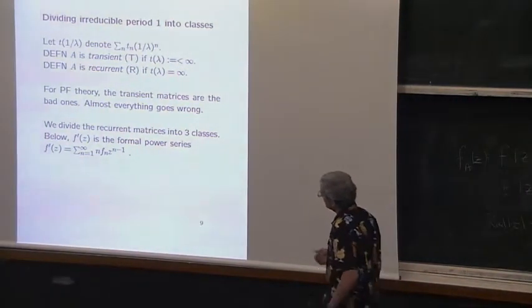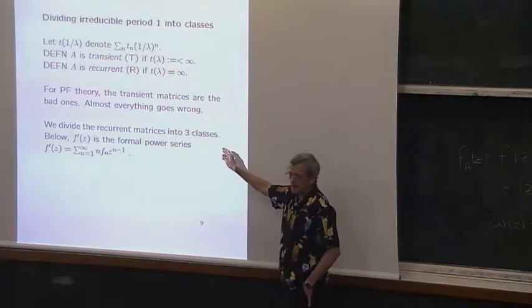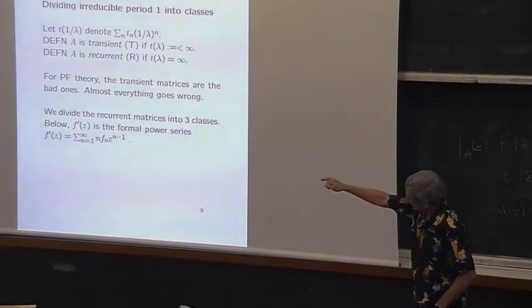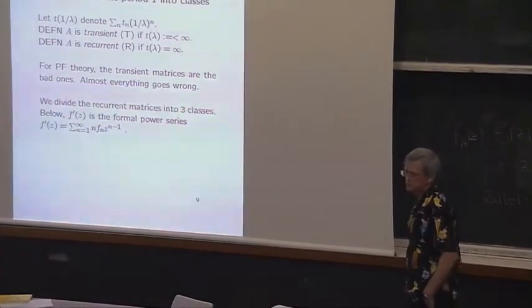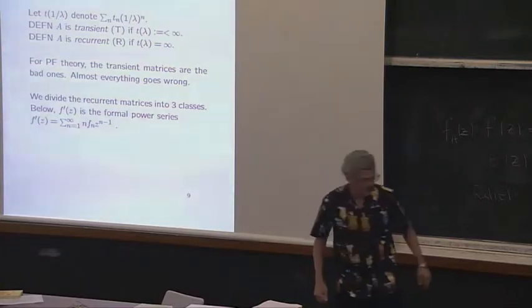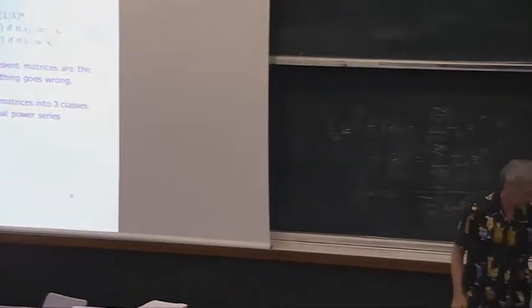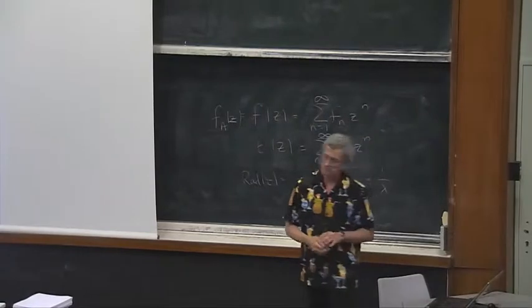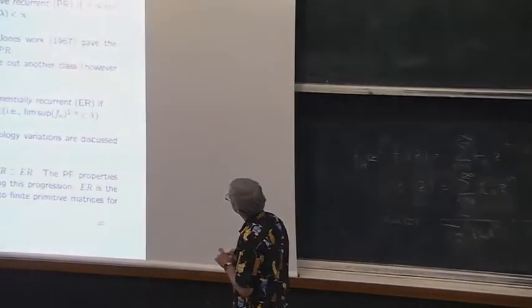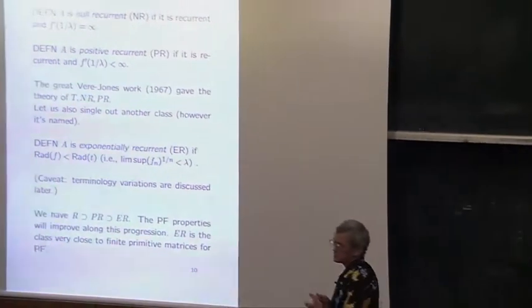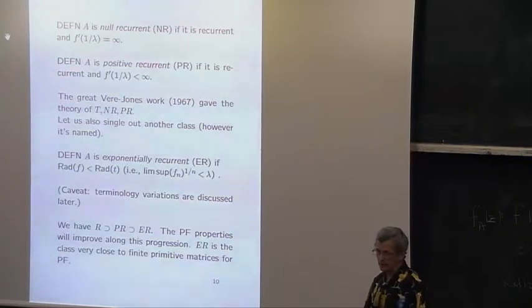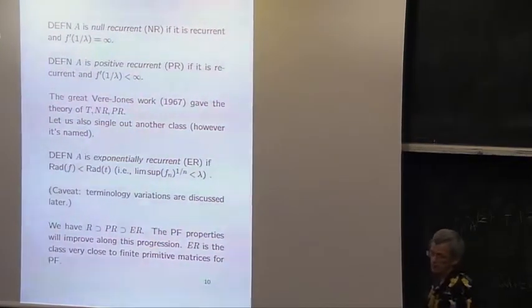All right. Now, the recurrent matrices we can divide into 3 classes, and for this we also involve the formal power series, which is the derivative power series. And now comes some more definitions. A is null recurrent, NR, if it's recurrent and this derivative series at 1 over lambda is infinite.